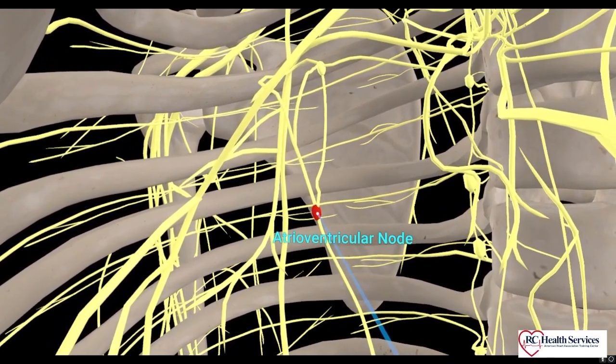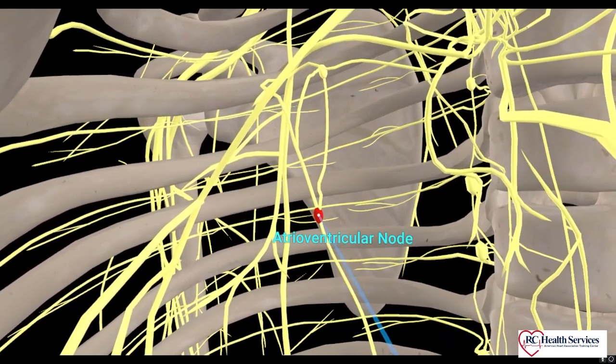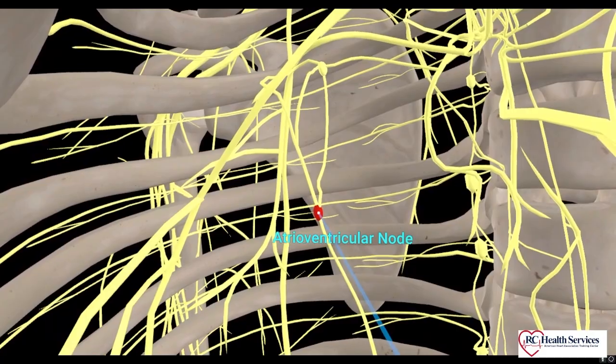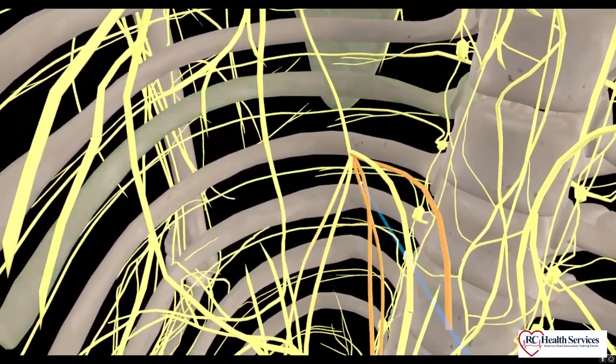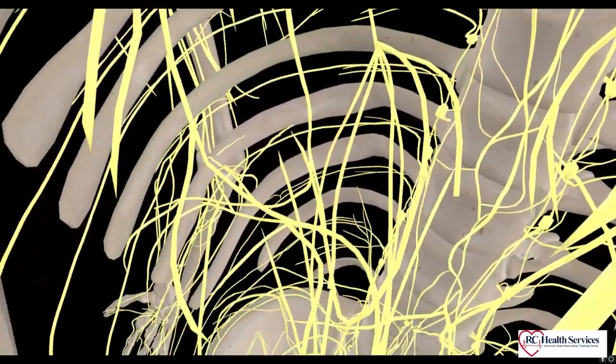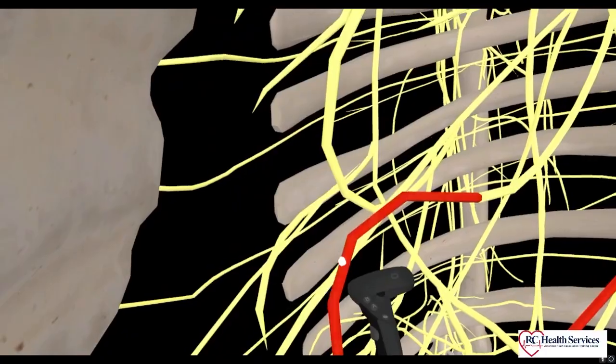It's going to send an impulse down to the AV node, or the atrioventricular node, which is in the ventricle. And then from there, it goes into the different bundle branches and Purkinje fibers and all of that stuff.